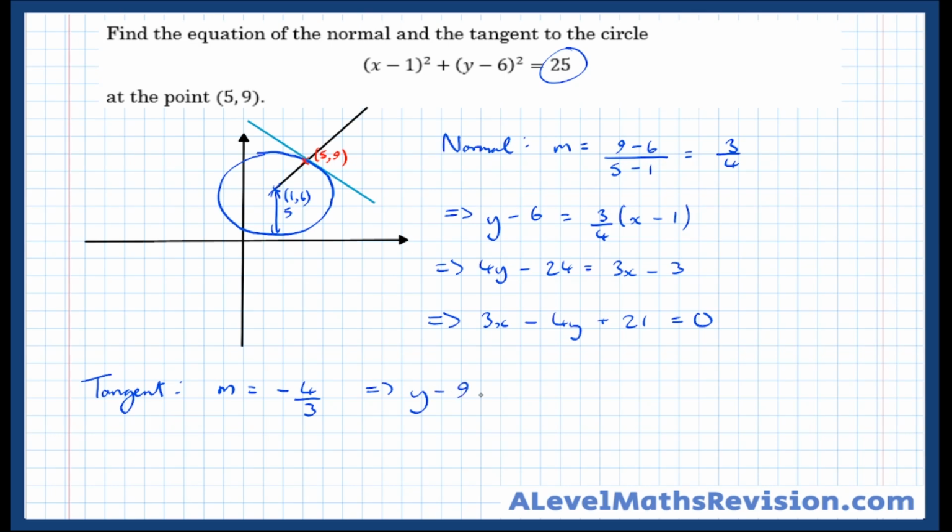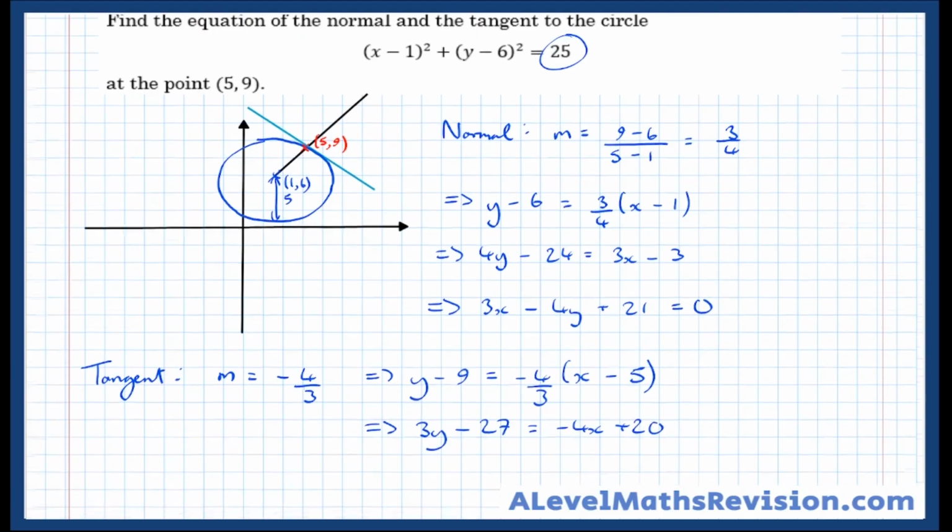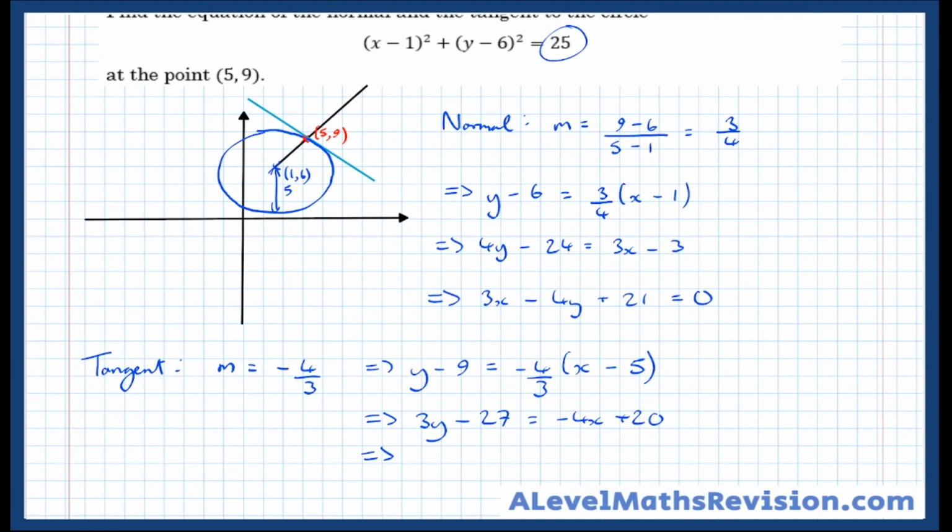y − y1 = m(x − x1), multiplying by 3, 3y − 27 = −4x + 20, which then implies gathering all the terms again on one side.